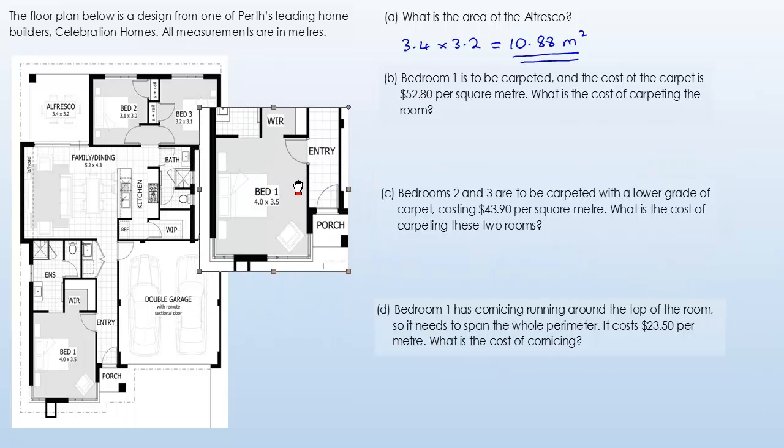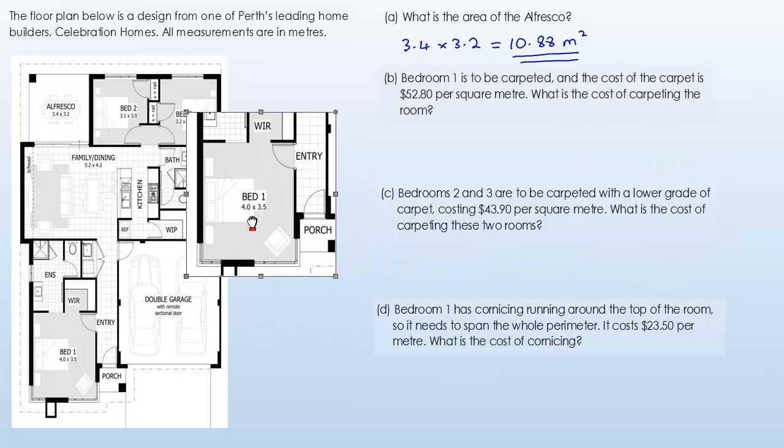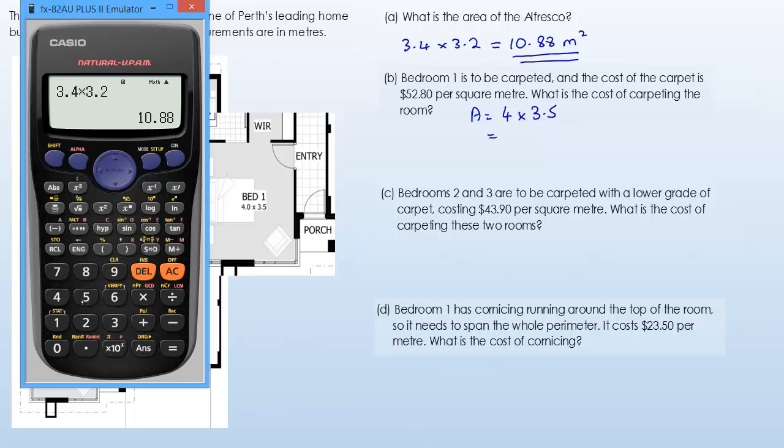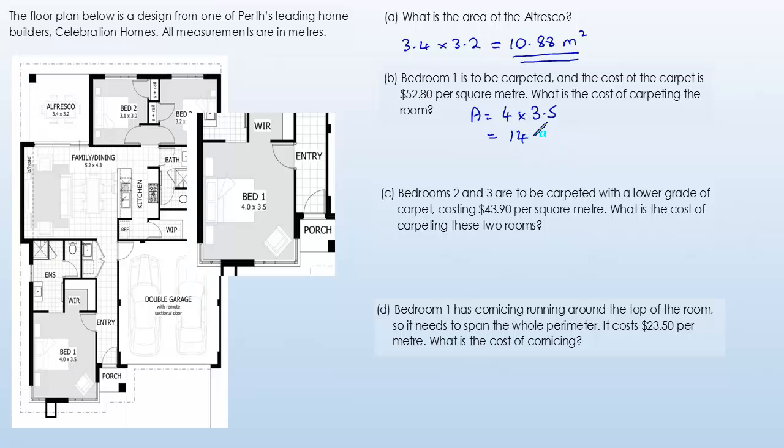I've got a blown up version, and it's 4 times 3.5. So the area is going to be 4 multiplied by 3.5. So 4 times 3.5 gives me 14. So it's 14 square meters.